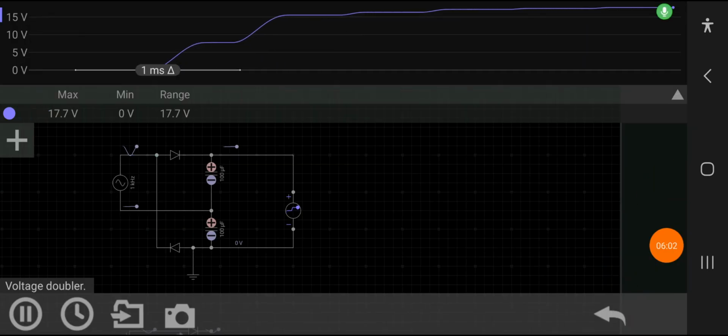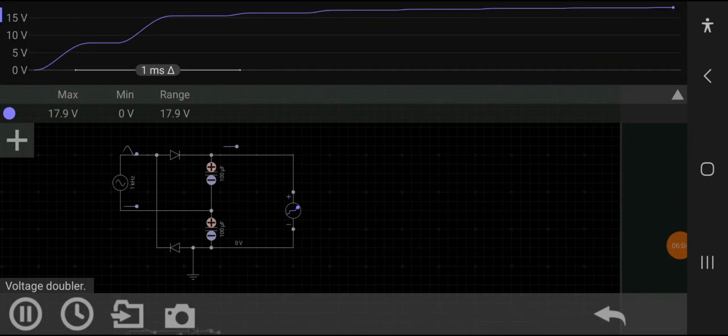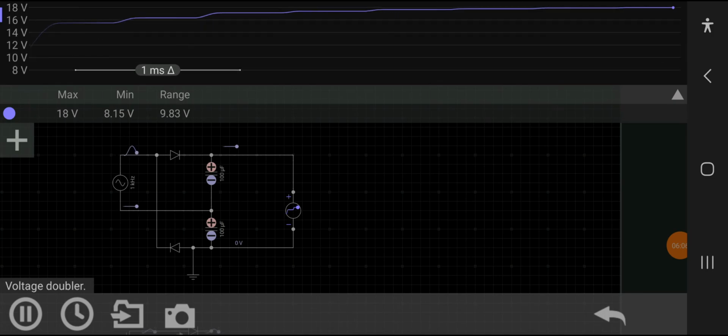Now this is a full wave voltage doubler circuit.